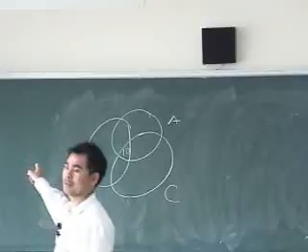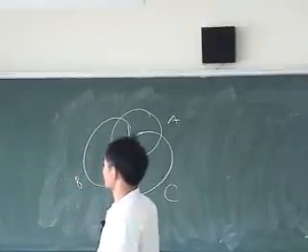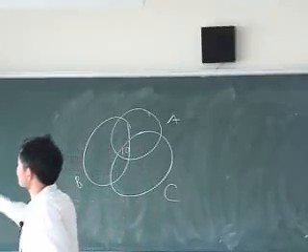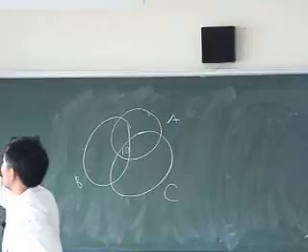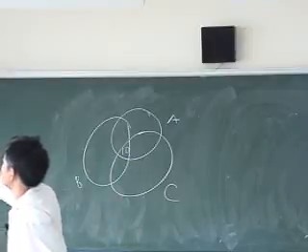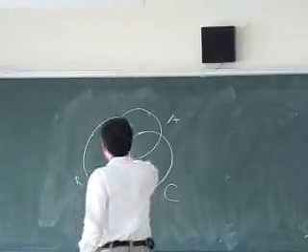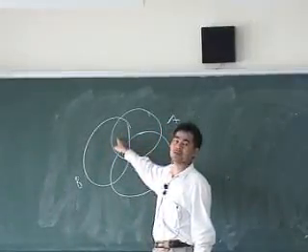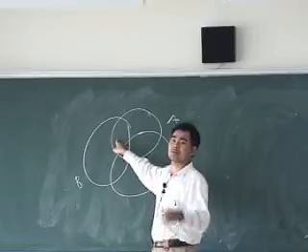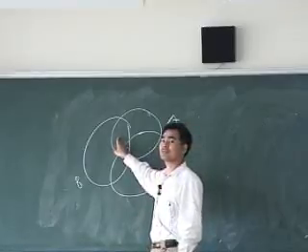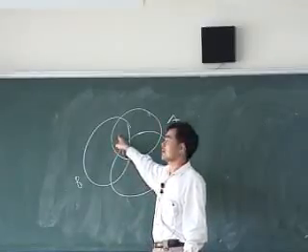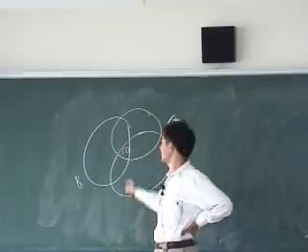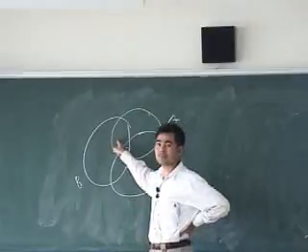So the point is, we need to fill in all the numbers. We have 15% A and B, right? 15% A and B. So what should be here? How much should be here? Mr. Ren, how much should be here? 15% join A and B. So how much should be here?